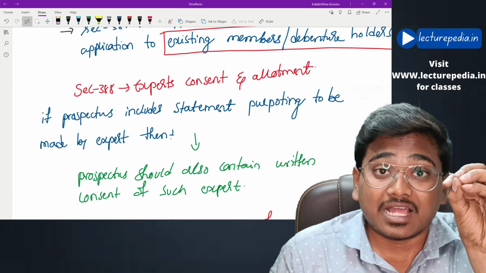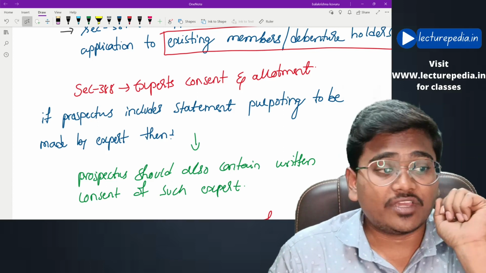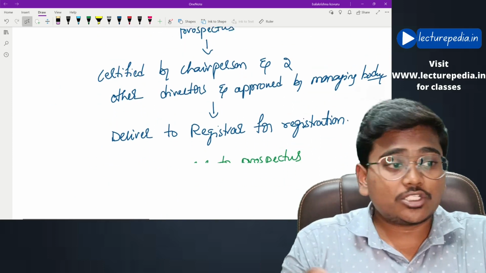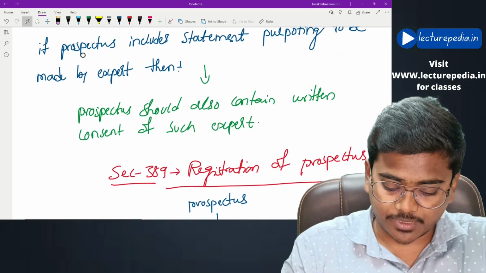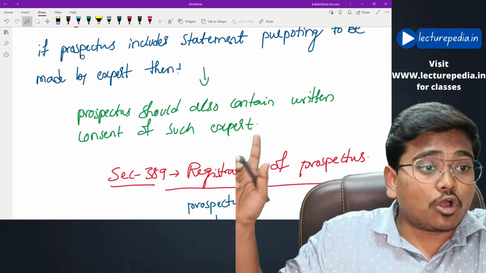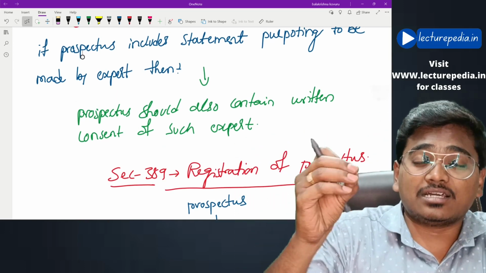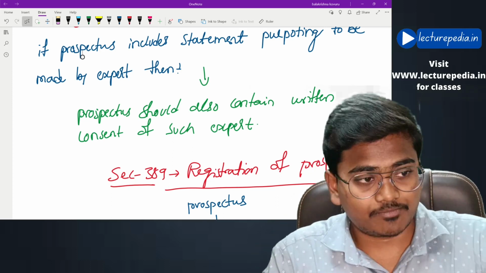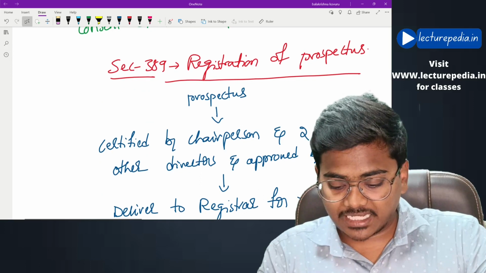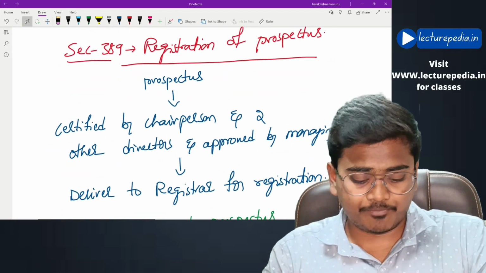Now along with this statement of the expert, the prospectus should also contain the consent of the expert, okay, for issue of the prospectus. The prospectus should also contain the written consent of such expert. Only then you are allowed to issue the prospectus.